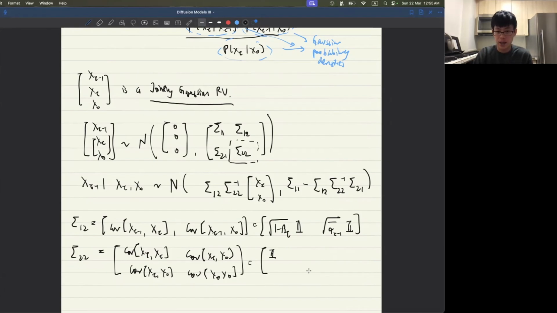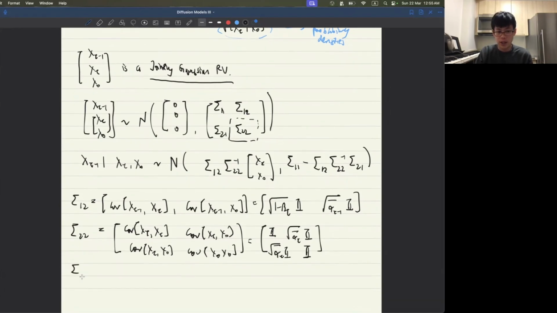So it is I. Similar for all the terms on the diagonal. The covariance of xt and x0, we can look back up at the n-step equation to know that this is square root alpha t bar I, square root alpha t bar I. And if we take the inverse of this, we can just apply the normal 2 by 2 inverse, which is 1 minus alpha t bar, switch the diagonal terms, do the negation of the off diagonal terms.